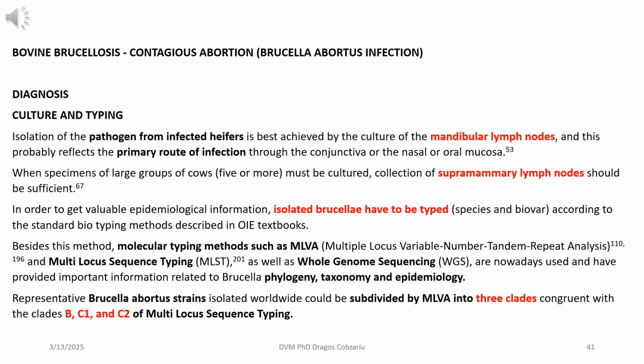Besides this method, molecular typing methods such as MLVA, multiple locus variable number tandem repeat analysis, and multi-locus sequence typing, MLST, as well as whole genome sequencing, WGS, are nowadays used and have provided important information related to Brucella phylogeny, taxonomy and epidemiology. Representative Brucella abortus strains isolated worldwide could be subdivided by MLVA into 3 clades congruent with the clades B, C1, and C2 of multi-locus sequence typing.